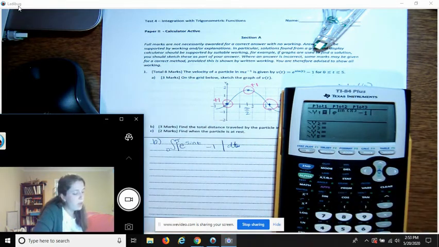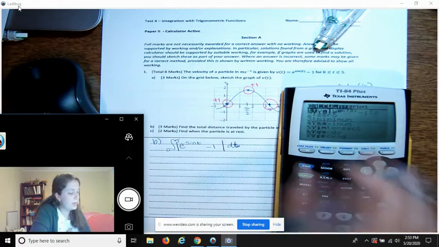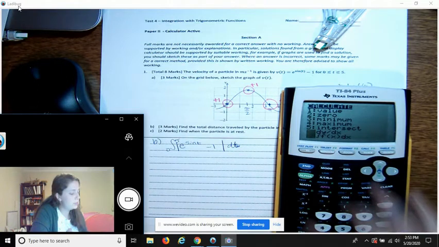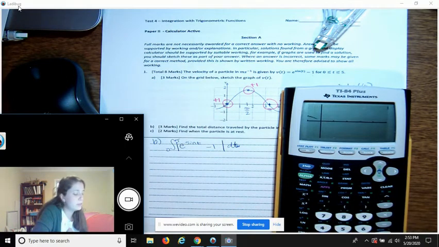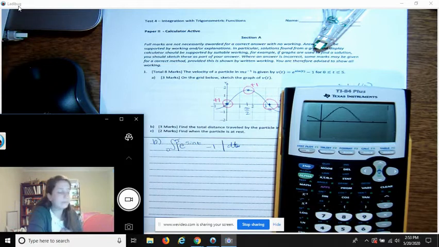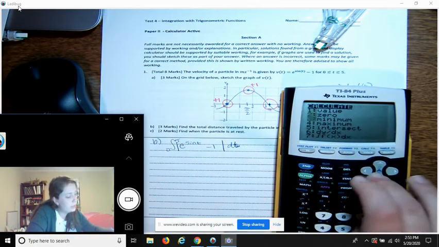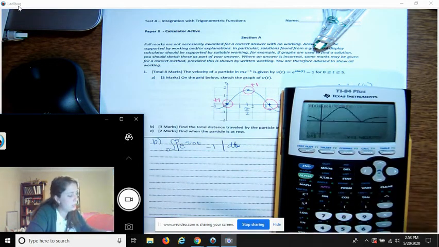Okay. And then we're going to calculate our integral from 0 to 5. It's going to graph it first. Now, second calc, integrate, lower limit 0, upper limit's 5.